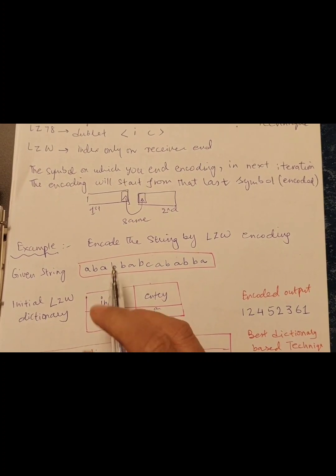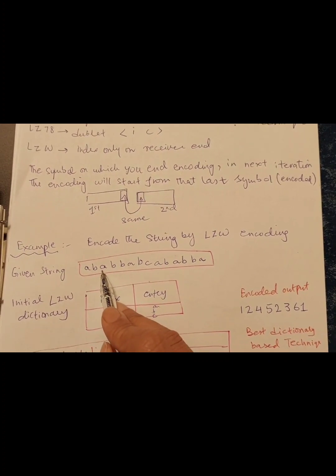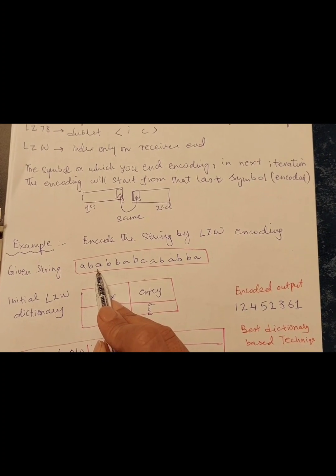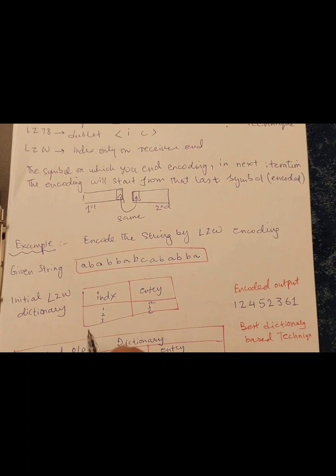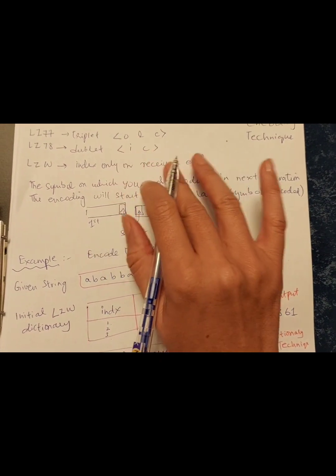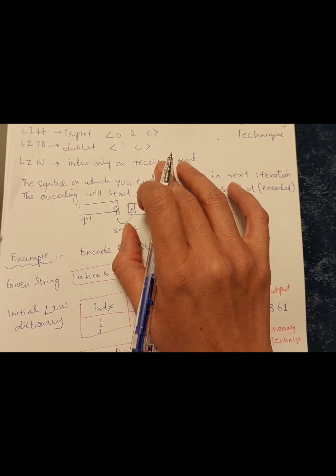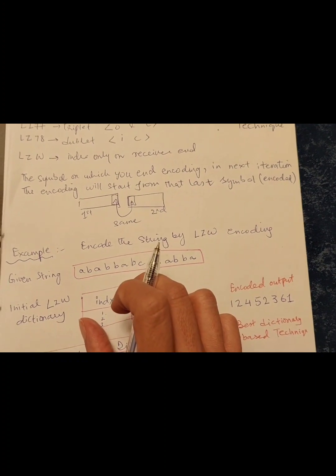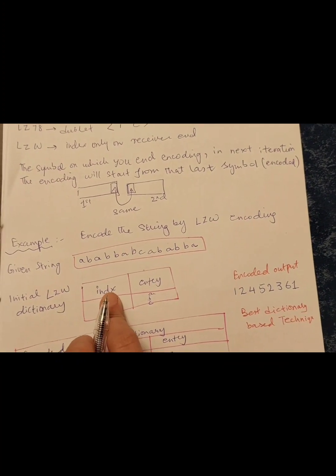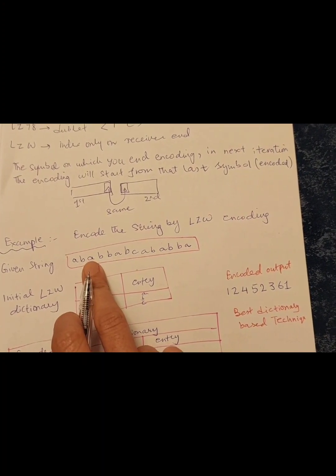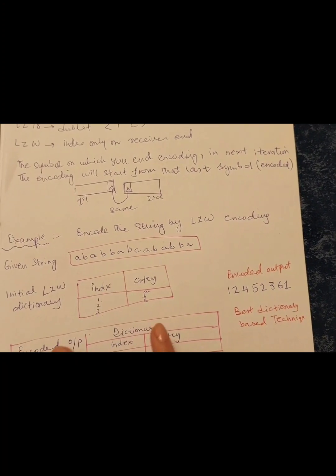So basically these characters present in your string have been represented with some index values. As I just mentioned, this technique only depends on index values, and these index values have been given to you in the dictionary. With the help of these index values, you are supposed to transmit this string by encoding.